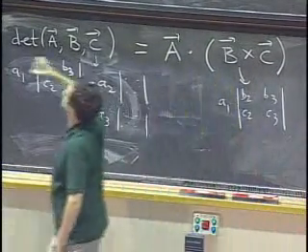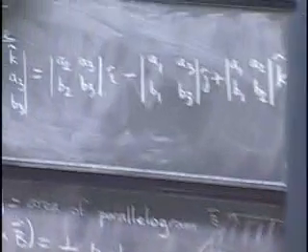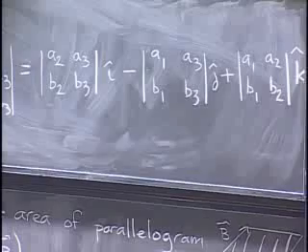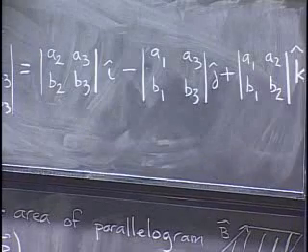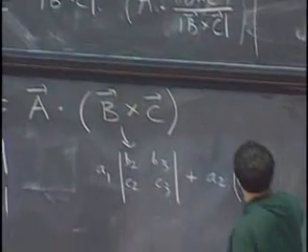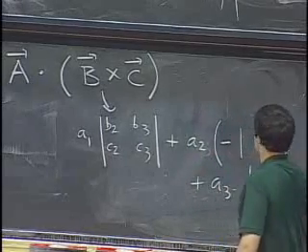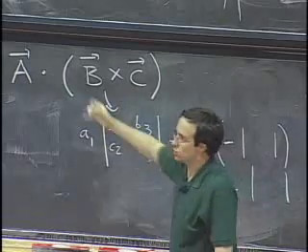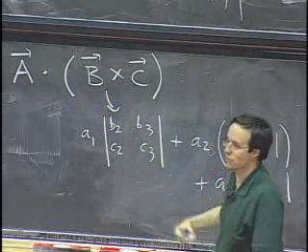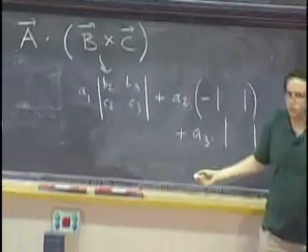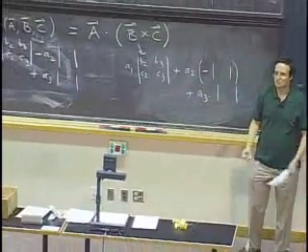If you put B and C instead of A and B into there, you will get the i component is this guy, plus A2 times the second component, which is minus some determinant, plus A3 times the third component, which is, again, a determinant. And you can check you get exactly the same expression. So everything is fine. There's no contradiction in math just yet.